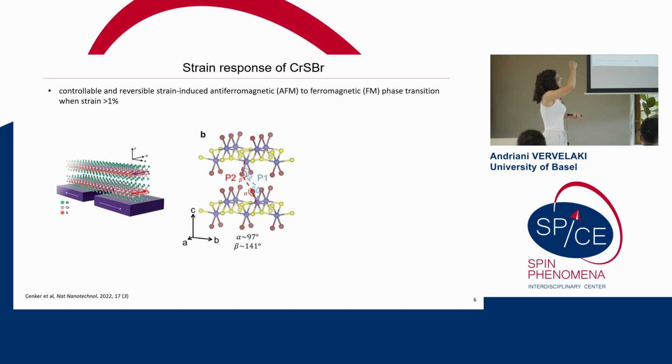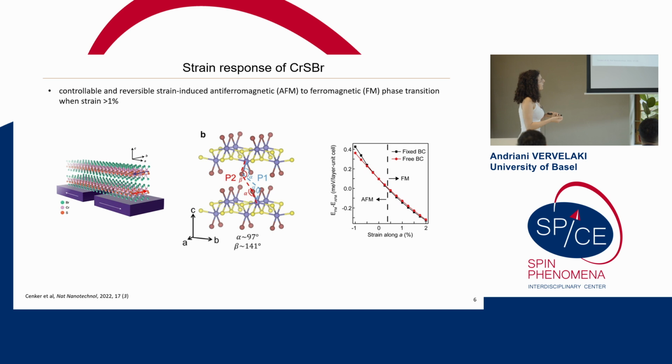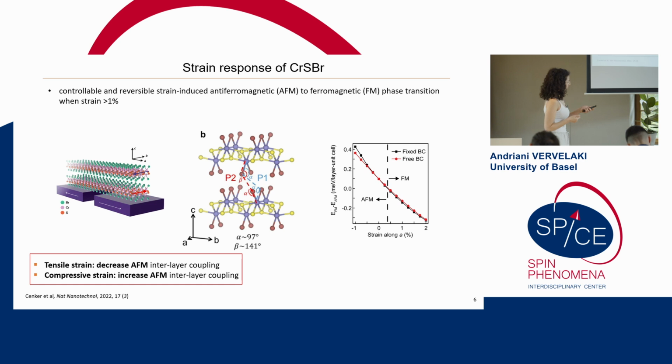So the way to understand this, we can imagine the changes that happen to the exchange pathways of the interlayer coupling. More specifically, we can see that the energy difference between the ferromagnetic and antiferromagnetic configuration in the interlayer coupling is changing with applied strain.